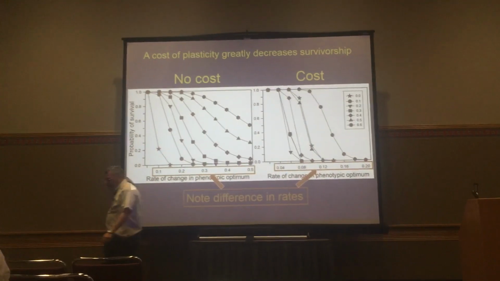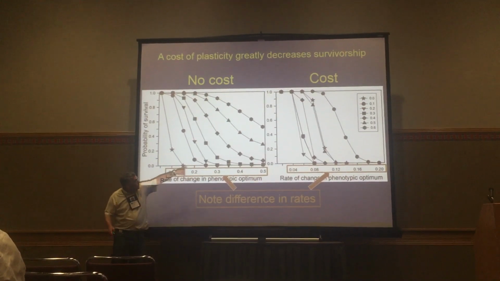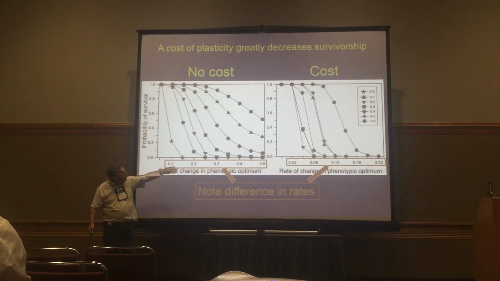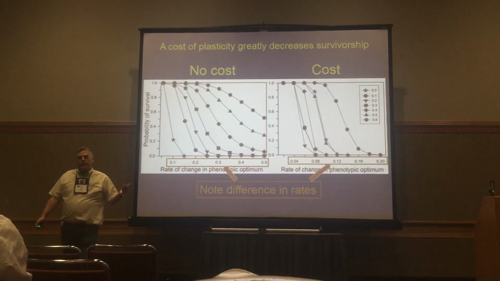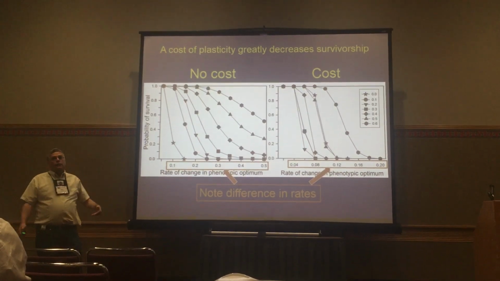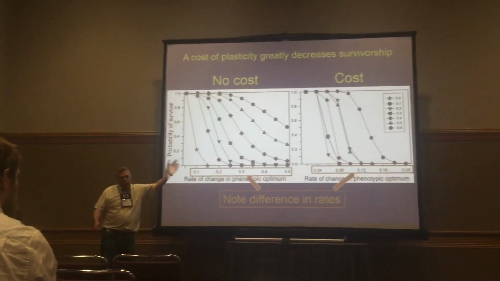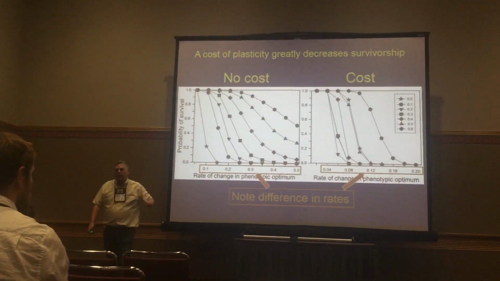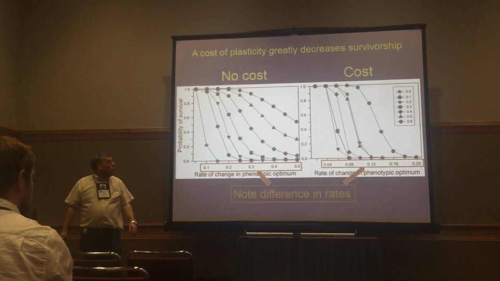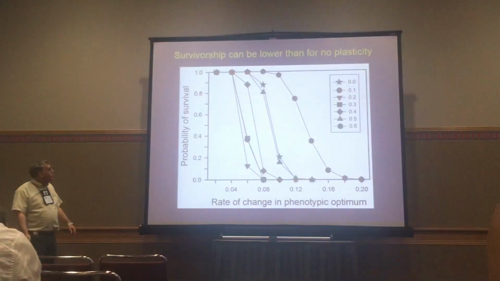And notice the difference in scale here. The stars are actually the same stars. So with a cost of plasticity, the survival goes way down for equivalent rates of change. In fact, we had to shift the entire rate of change that we were looking at when we have a cost. So with a cost, you greatly decrease the survivorship.